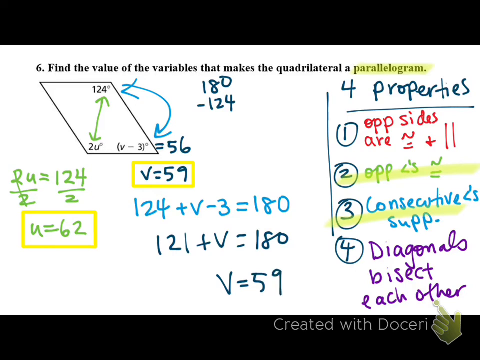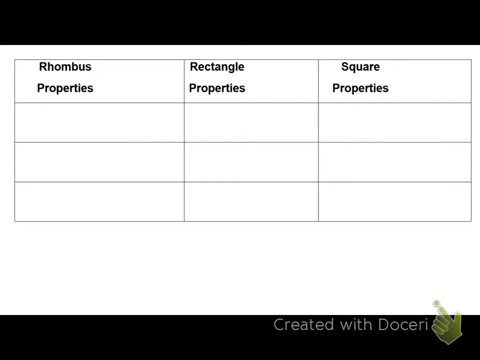All right, on the back page we're going to do the properties first and then go back to the picture. There are 3 rhombus properties. What makes a rhombus a rhombus? All sides are congruent. So all the sides are the same length.